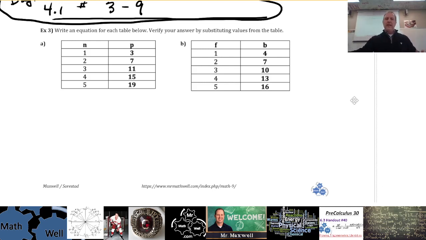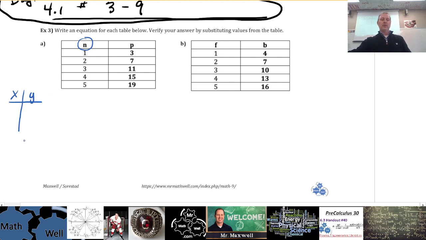So if you remember from yesterday, there's a couple things we want to look at. The easiest types of tables of values to determine a linear equation from would be where one variable, and this would be the independent variable, usually goes on the left. Because a table of values, if you remember from last year, is usually like x, y, and x is on the left.